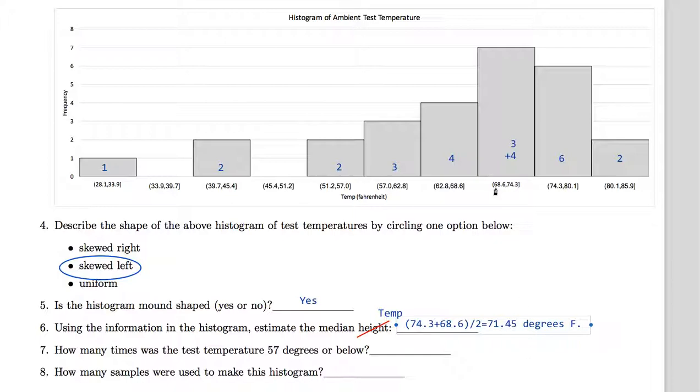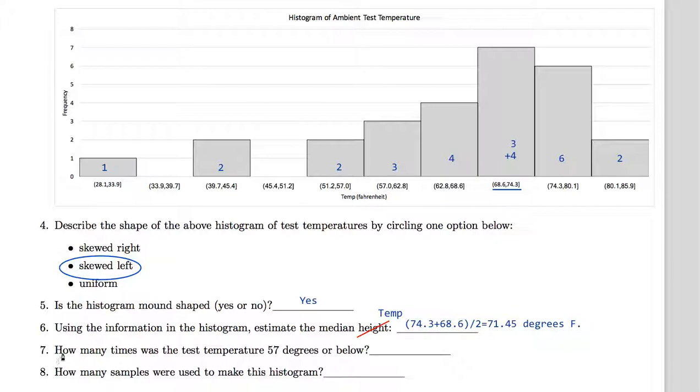And any value in this interval here would be a valid estimate for the median, but not the endpoints, because the endpoint here, 68.6, is excluded. It is not in this interval. And the 74.3 is right at the edge here, so it would be some other value that's within that interval.